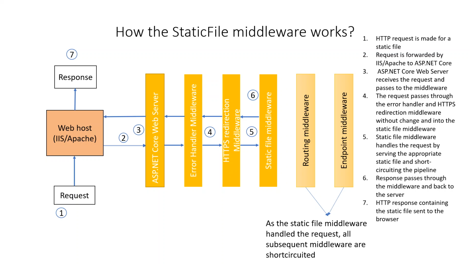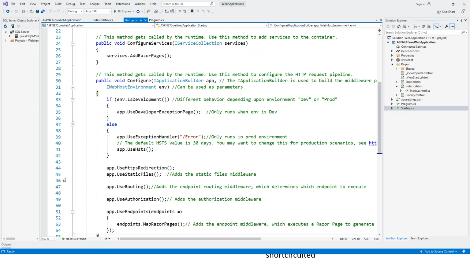Now this request passes through the HTTPS middleware and it goes to the static file middleware, because that is where the middleware is called. If you look into the code, I'm talking about this point, app.UseStaticFiles, for responding to requests for static files like CSS, JavaScript or HTML, right?